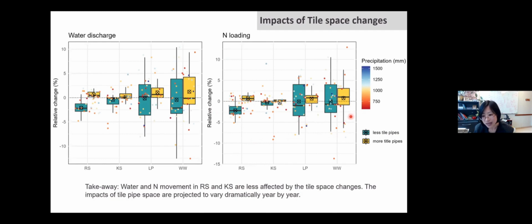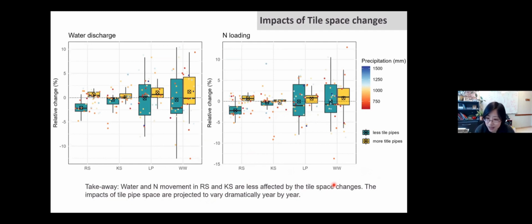One thing I have to mention here is they have huge interannual variations and cross-catchment variations. Another thing we have found is the water and nitrogen movements in RS and KS, the left two catchments, are less affected by the tile space changes. That may be caused by two reasons.